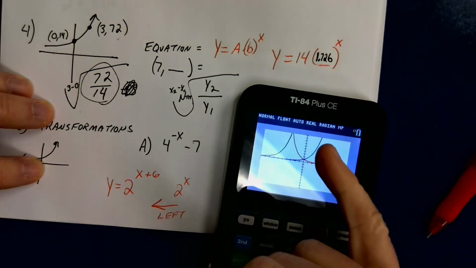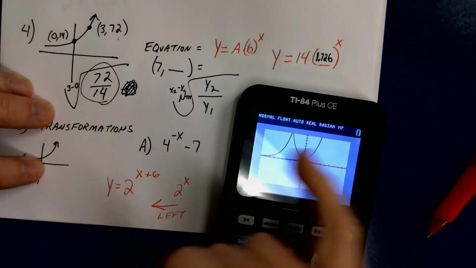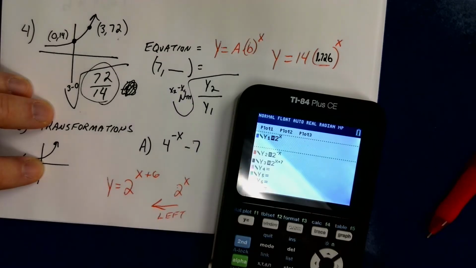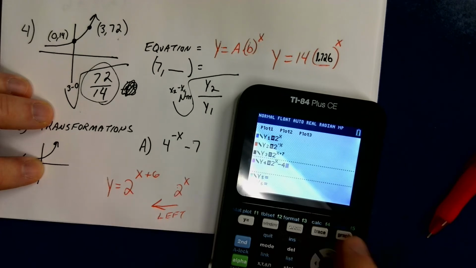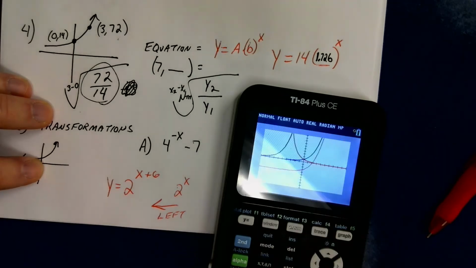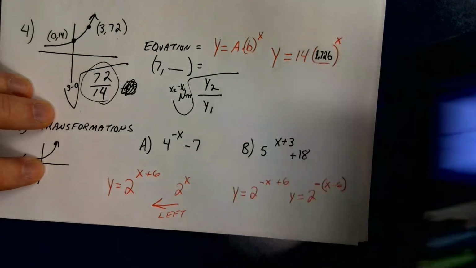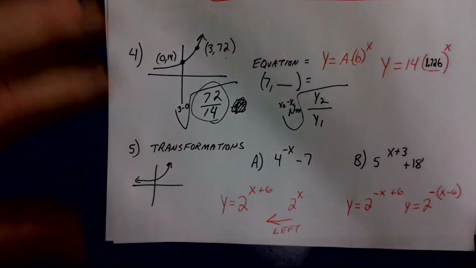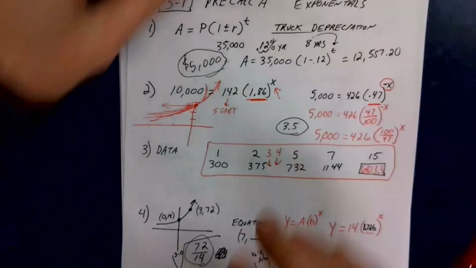You can see that moves it 7 to the left. Y equals 2 raised to the x, and I come down here at -4. That moves it down 4. So I'm hoping you can follow these transformations. Okay, we're getting closer.